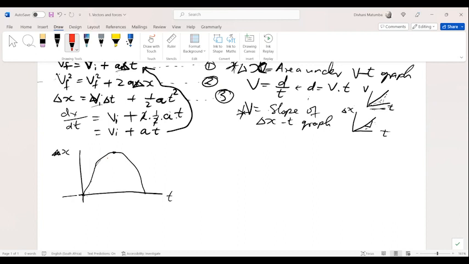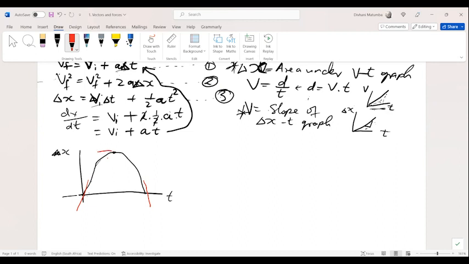The answer is the maximum slopes are at the initial and the final. Note that the initial velocity will be the same magnitude as the final velocity. However, it will be in a different direction.